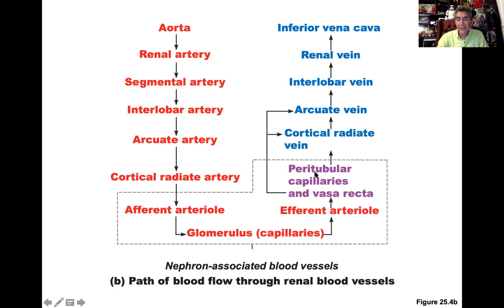These peritubular capillaries, vasa recta, are normal, everyday, boring capillaries. They do what all the other capillaries do. They start arterial. We have gas exchange, nutrient exchange, and then we start to work our way back towards the heart. So we go back in blue now, going to the veins, to the vena cava, back to the right atrium.